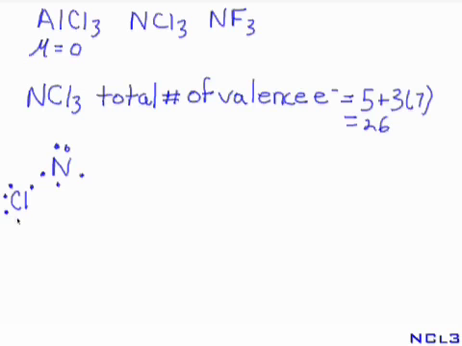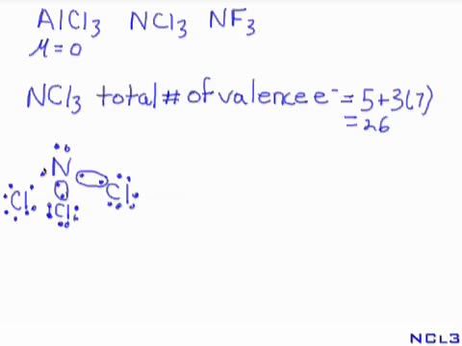All right. Give the other chlorine its 7. And give another chlorine its 7. And I need 8 electrons around each atom.